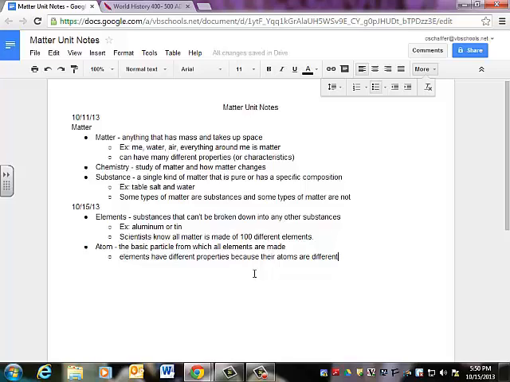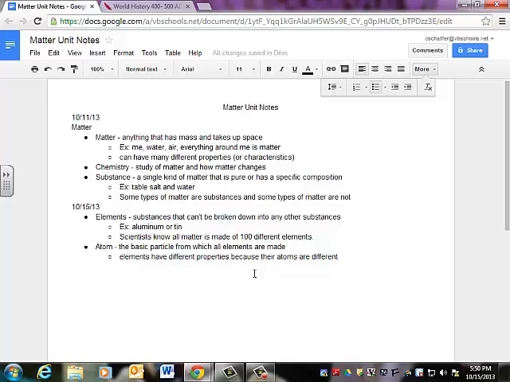So if we were to take that piece of aluminum and cut it in half as far as we possibly could, the smallest piece of that aluminum that we're going to come to is an aluminum atom. And that aluminum atom is going to be totally different from our gold atom, which makes aluminum have different properties than our gold necklace.